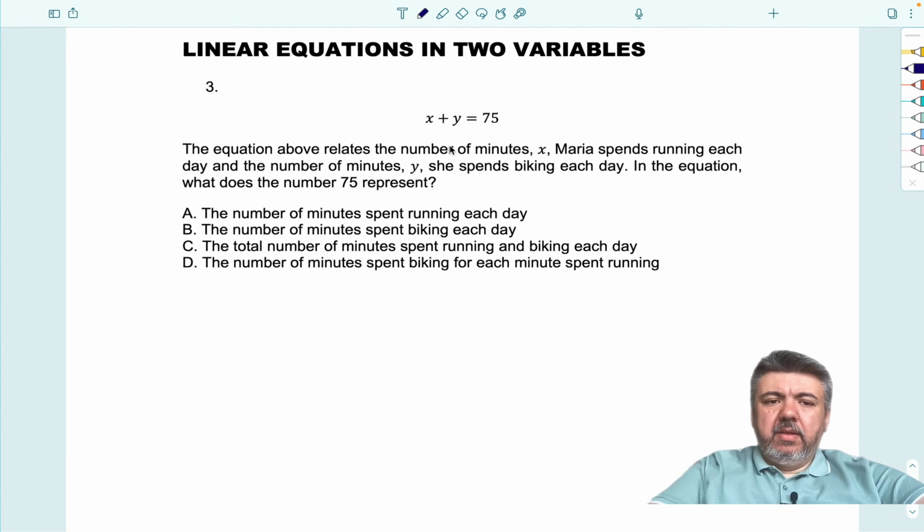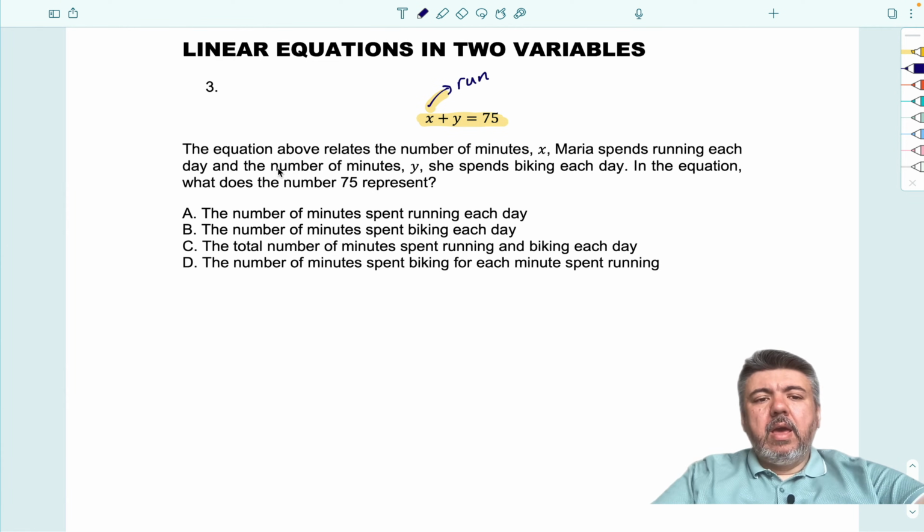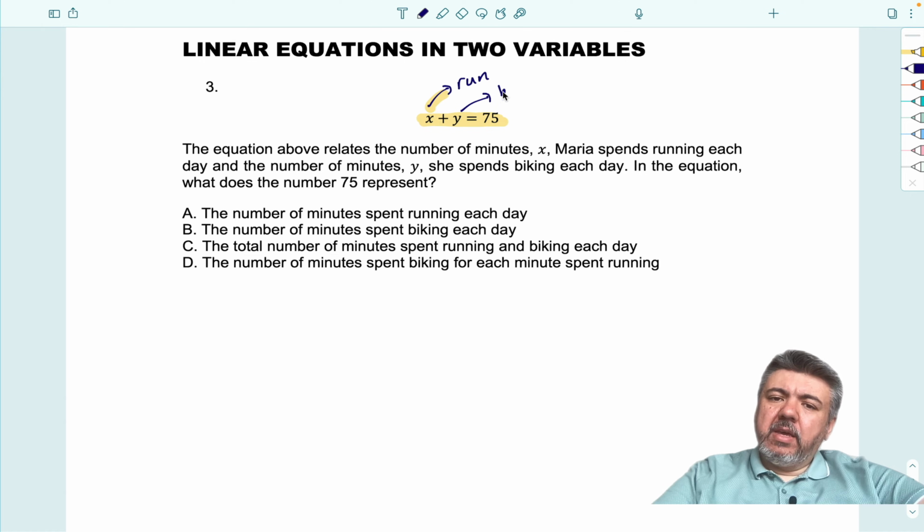Question number 3. The equation above relates the number of minutes X Maria spends running each day. So X is for running. And the number of minutes Y she spends biking. So Y is for biking. In the equation, what does the number 75 represent?